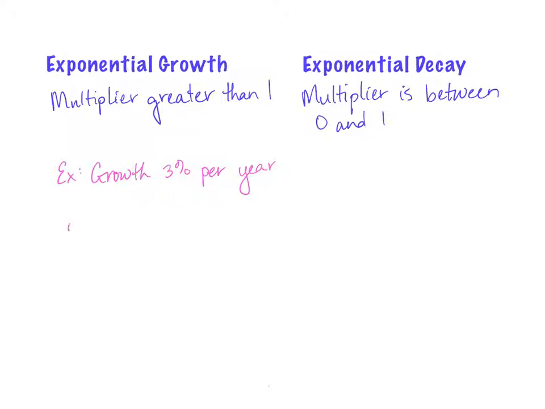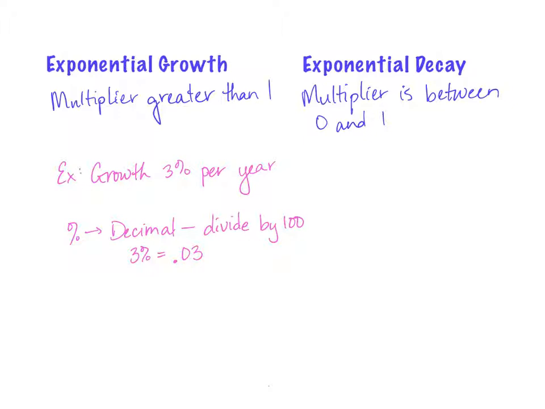One is going from a percentage to a decimal. Anytime you do that, you're going to divide by 100. Remove the decimal twice. So 3% is equal to 0.03.